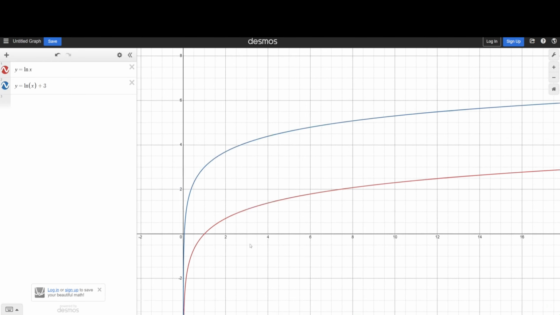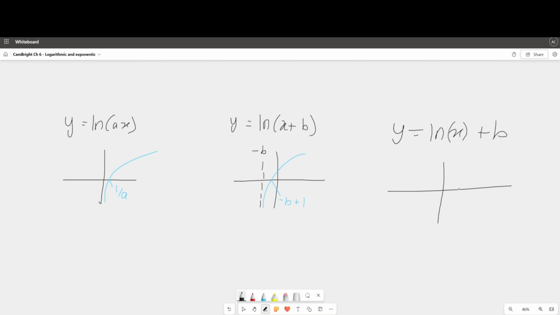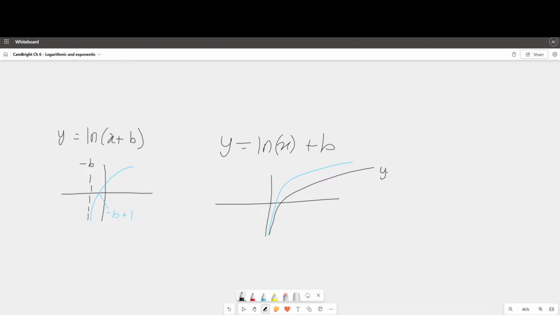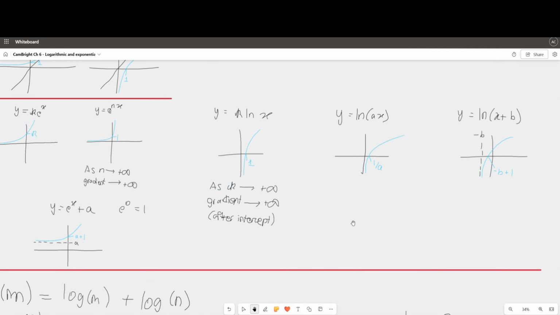Okay, yeah, there is somewhat of an effect. Obviously, everything is translated upwards by 3, so probably something like this. This will be ln x, and y equals ln x plus b. Yeah, probably should know that as well.